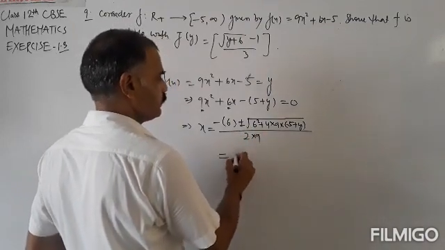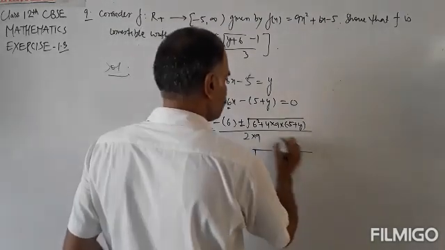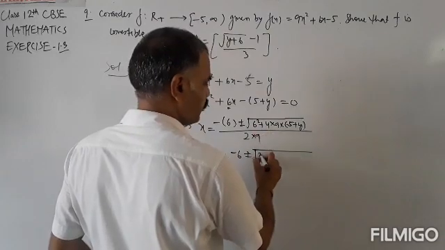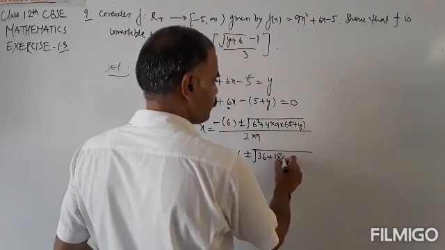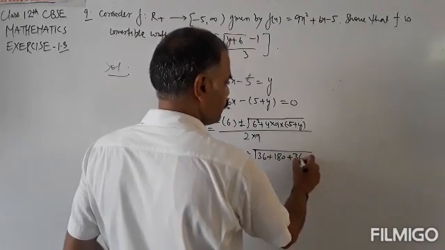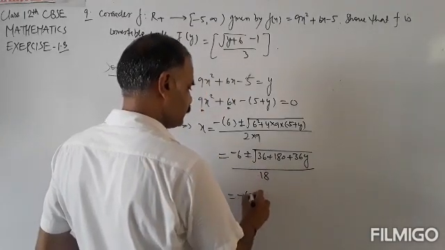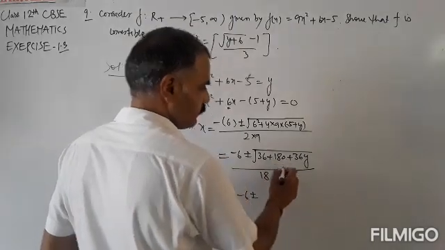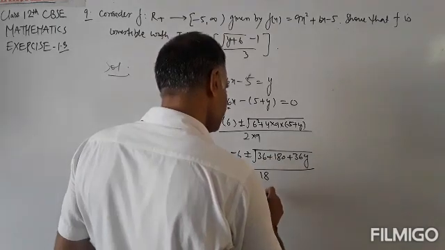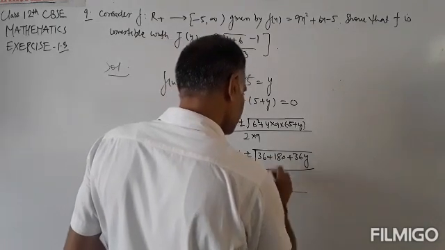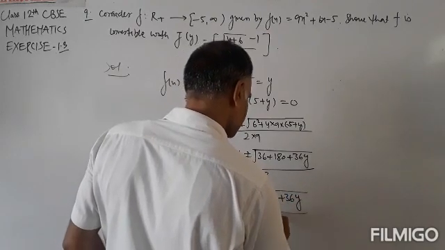So this is equal to minus 6 plus minus under root 36 plus 4 into 9 is 36 into 5, 180, plus 4 into 9 is 36 y, divided by 2 into 9 is 18. So minus 6 plus minus, taking 36 outside, 216 plus 36y upon 18.